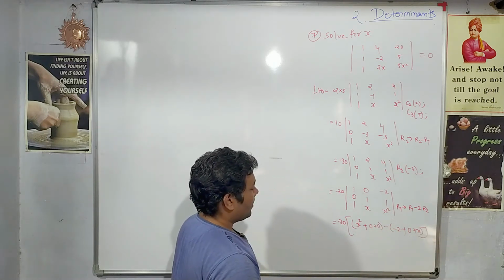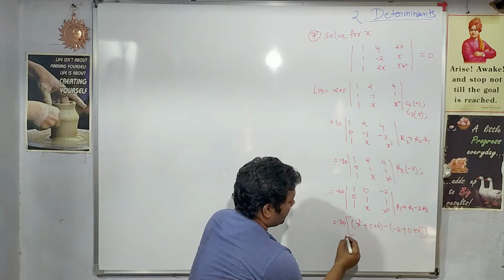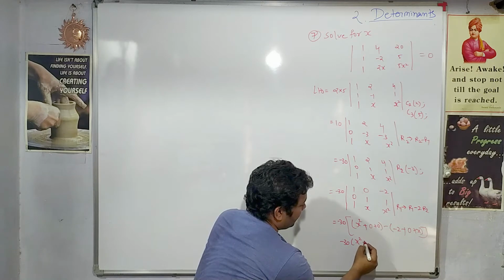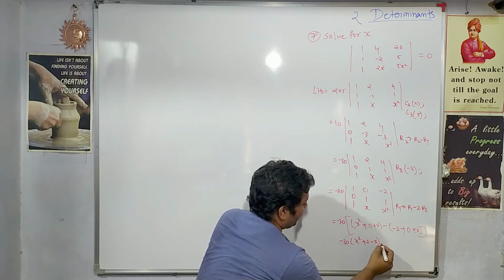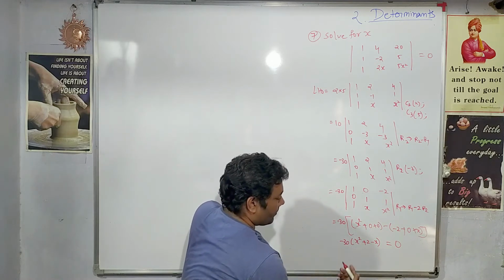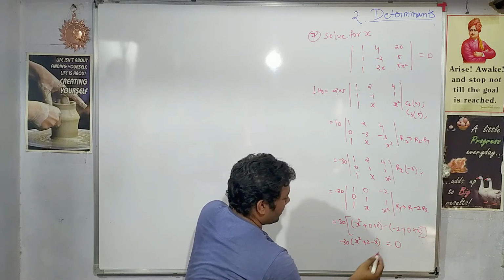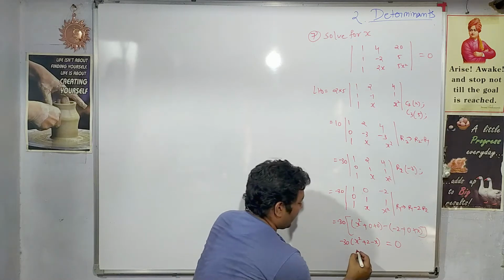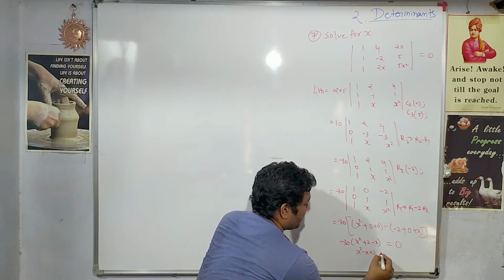So this will be minus 30 into x square plus 2 minus x, and this is given as 0 already. So minus 30, when I shift this side, it will become 0. This is a quadratic equation, so x square minus x plus 2 equal to 0.